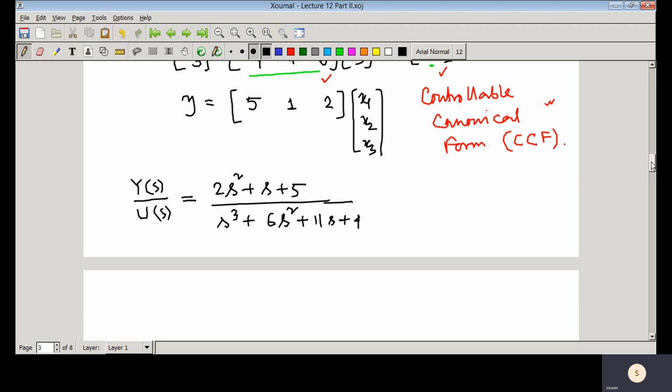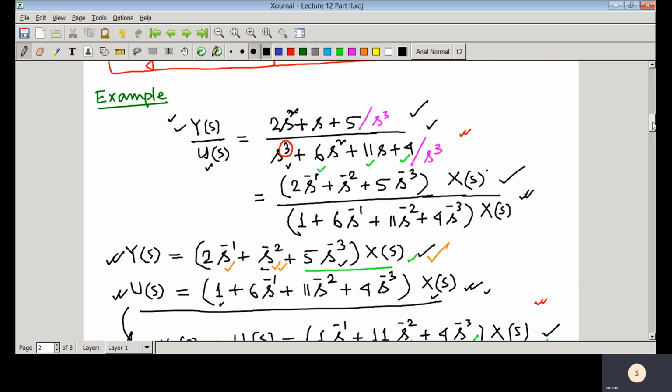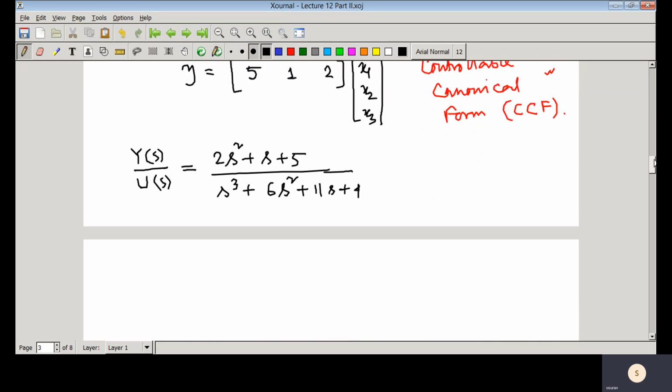The same transfer function we are taking. So now the method is you need to divide numerator and denominator by the maximum degree, that is s to the power 3. So if we do that, then we have s to the power minus 1, 2, s to the power minus 2, 5 s to the power minus 3, and here we have done it earlier.